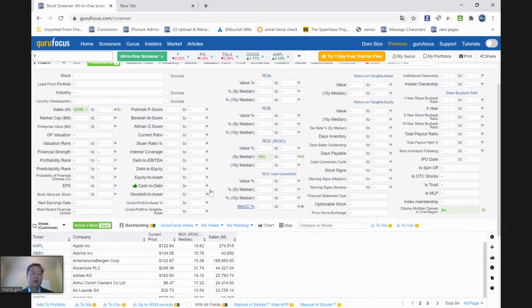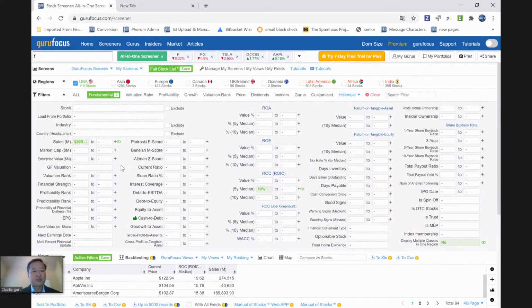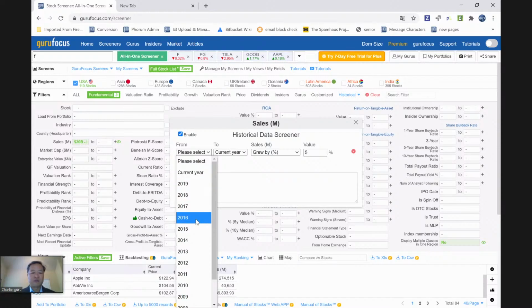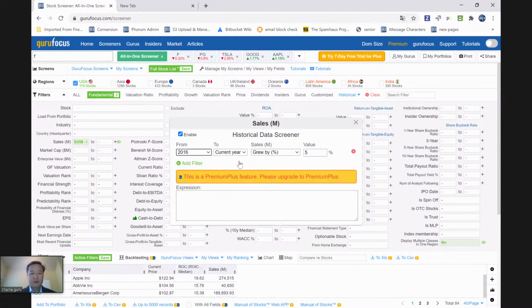Not only that, if you want the historical values, it can also filter with historical values. For instance, you want the last 4 years. This is a Premium Plus feature, and my account is not set up as Premium Plus, but when you set this to the current year, you will be able to filter it also.